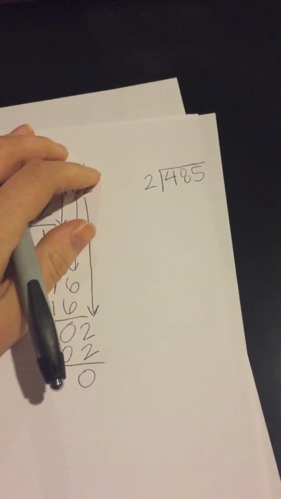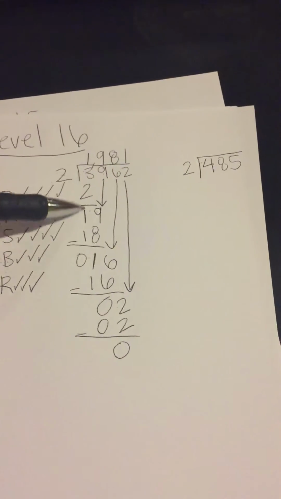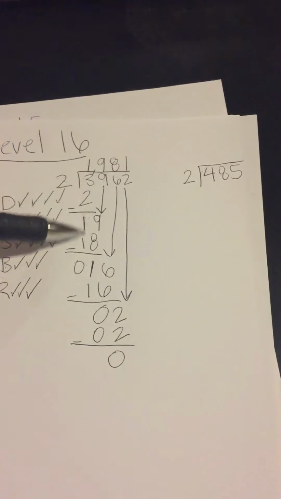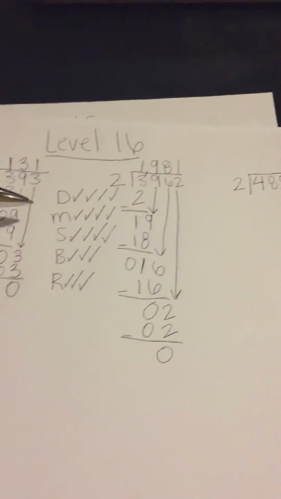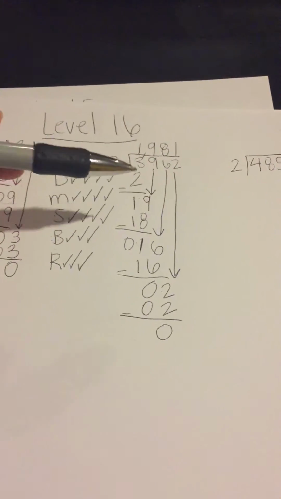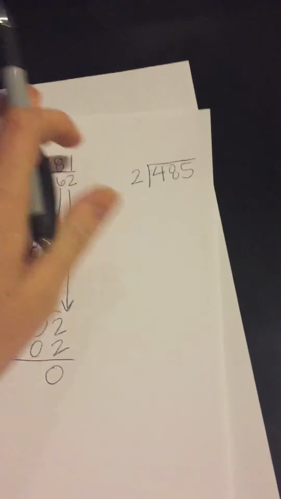All right, so I want you to press pause at this time, and if you do get stuck on something, then I want you to rewind and watch the steps that we went through here and just repeat those steps. So if you need help, go back to the problems, rewind it, and find the spot that you're stuck on and see what we did here to solve that problem, okay?